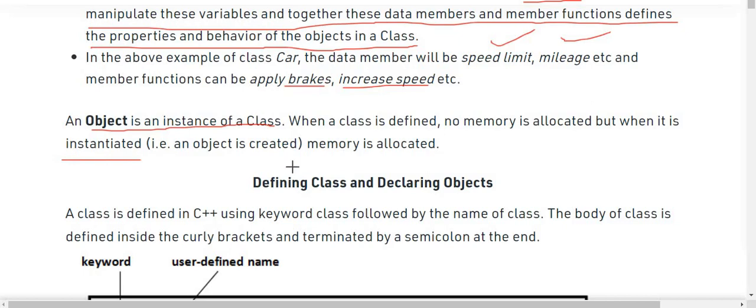So this is a good question which an interviewer can ask you: when we define a class, there is no memory allocated at the time of definition. But when an object of that class is created, the memory is allocated, not for the class but for that object.